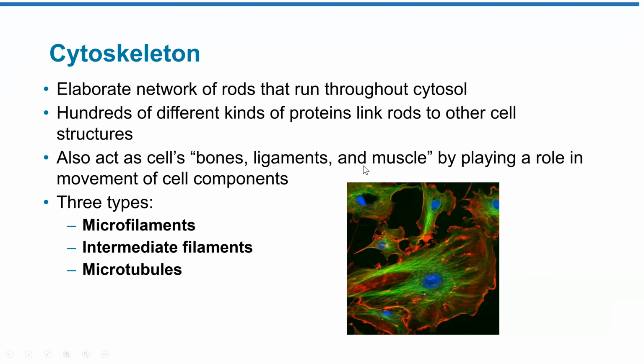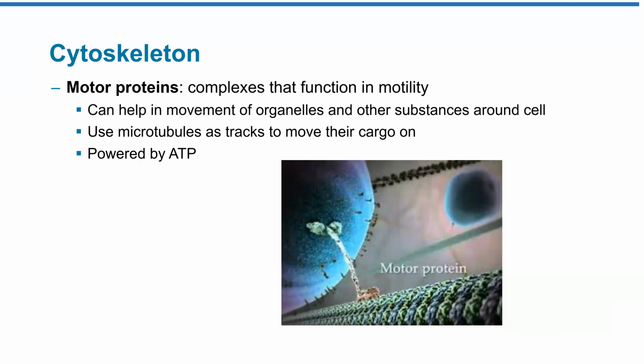It's not a bone, ligament, or muscle, that's why we have parentheses over here. But they play an important role in movement and support. There are three types of proteins that make the cytoskeleton: microfilaments, intermediate filaments, and microtubules.